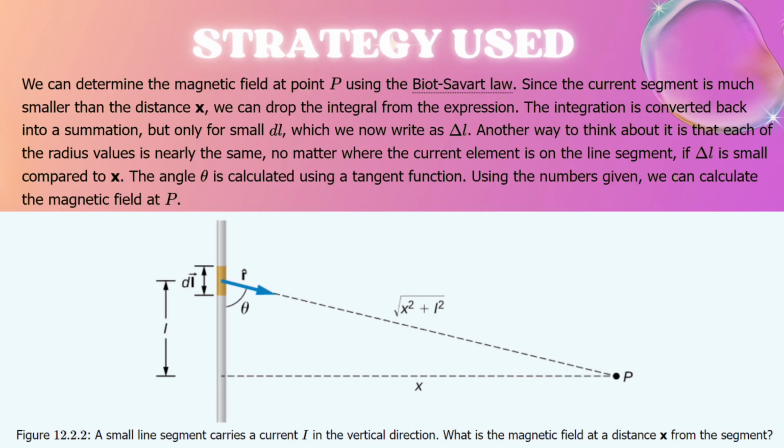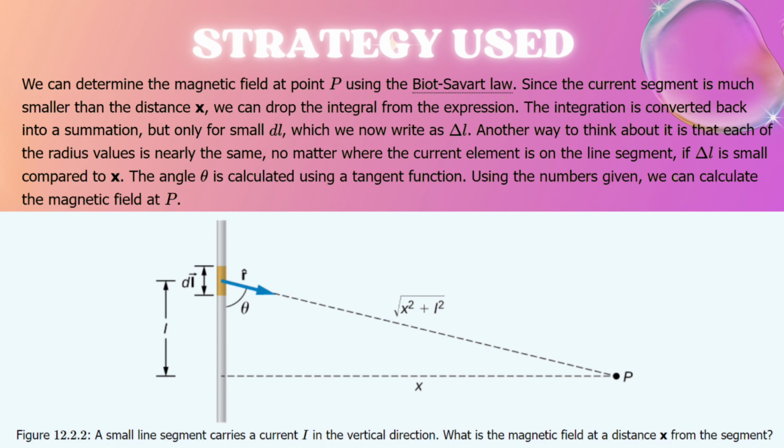So here's the strategy used in the problem. We can determine the magnetic field at point P using the Biot-Savart law. Since the current segment is much smaller than the distance x, we can drop the integral from the expression. The integration is converted back into a summation but only for a small infinitesimal wire segment, which we now write as the change in current segment.